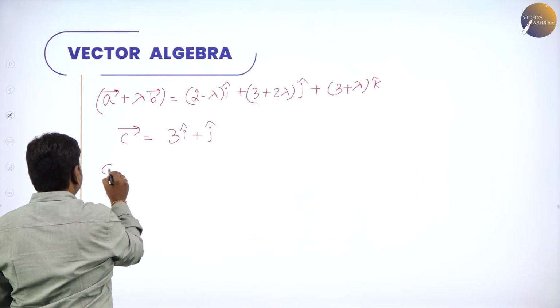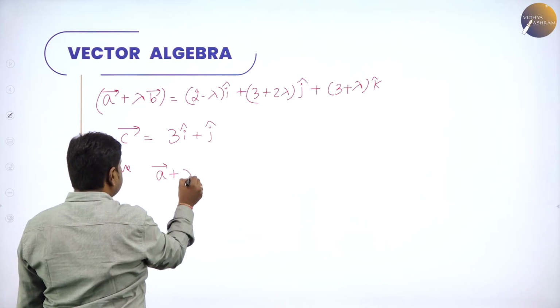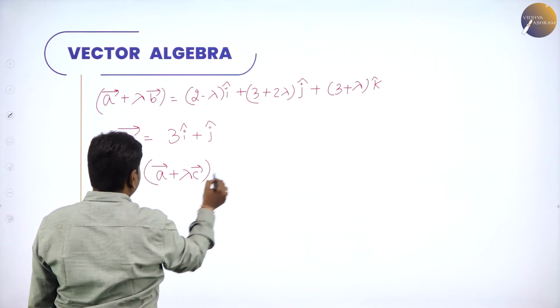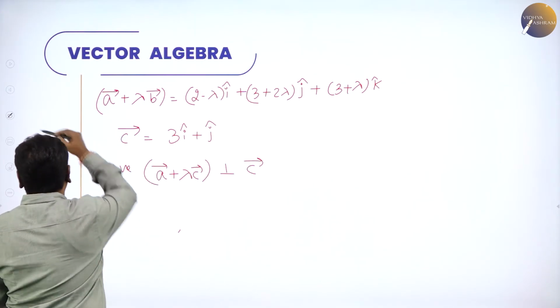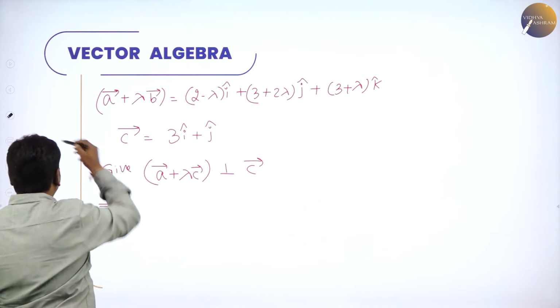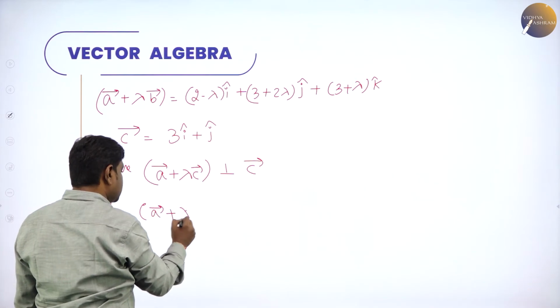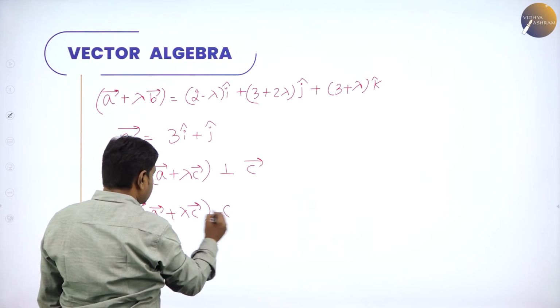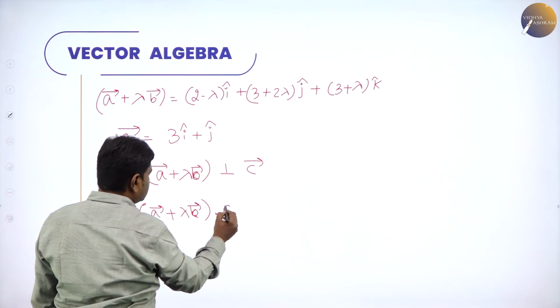Now given a plus lambda b is perpendicular to c, that implies their dot product is 0.